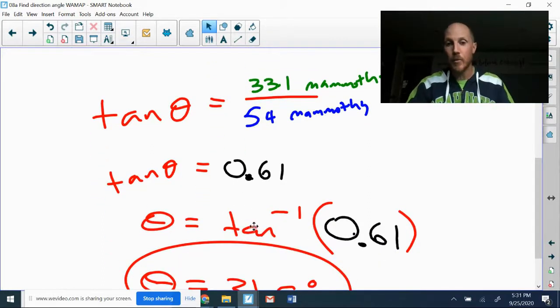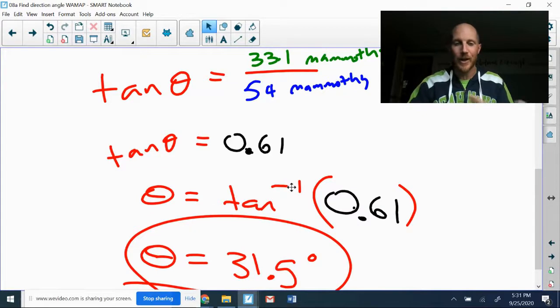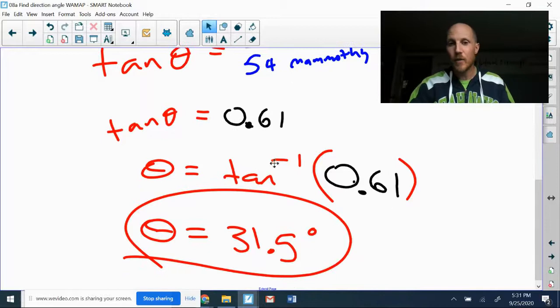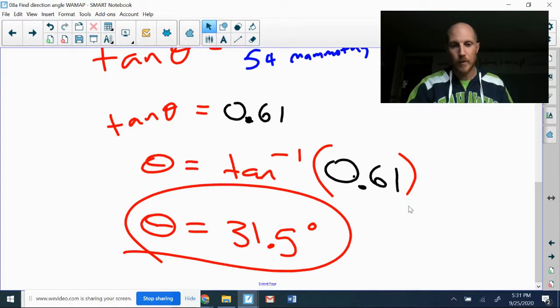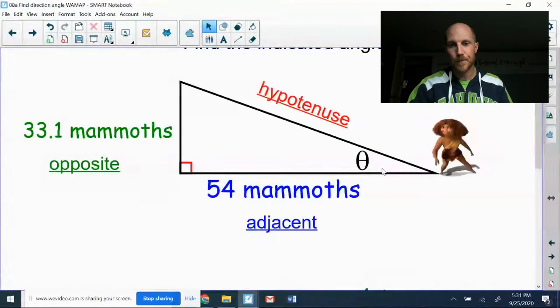We write it on paper using the little -1. It looks like an exponent. It's not actually an exponent, but sure looks like one. So the inverse tangent of 0.61, and I got 31.5 degrees, and that's the angle. Now Eep knows how high to aim.